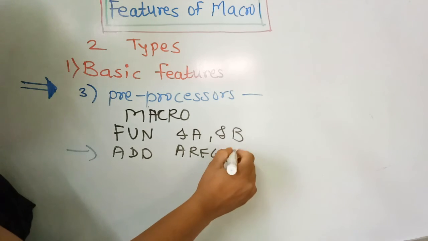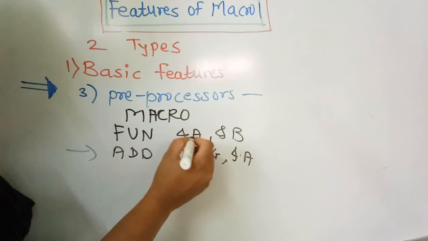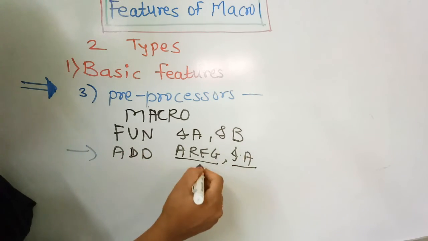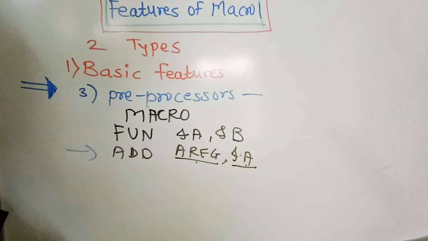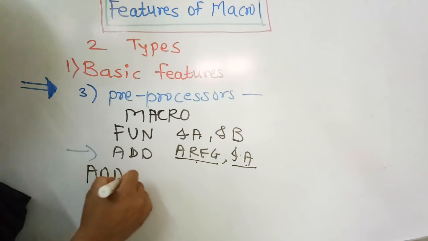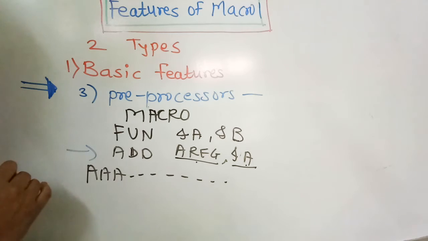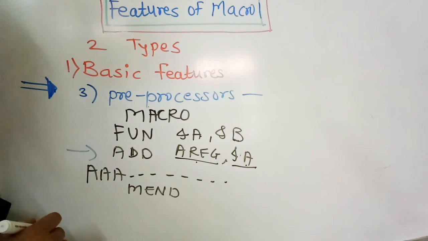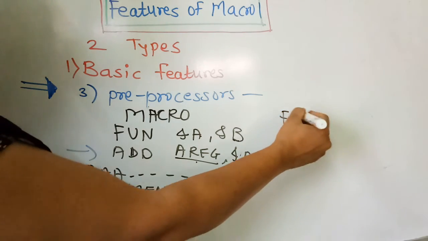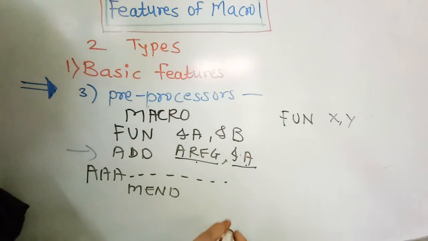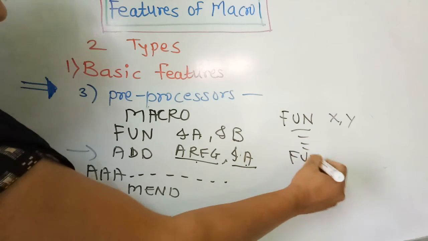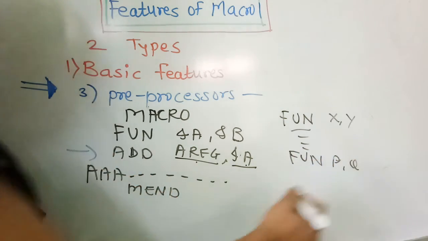It means the function has the two parameters a and b and add is having the addition, that is the register value and variable a's value. Suppose there is some label and some method available, then macro end is there. Instead of it, for example, one function is there, that is x, y, and some statements are there and then function p comma q is there.